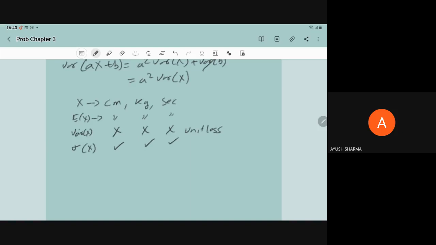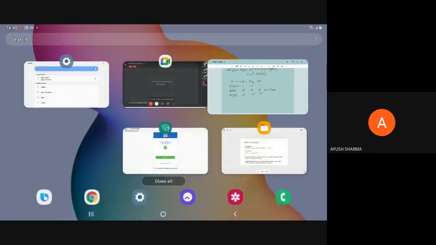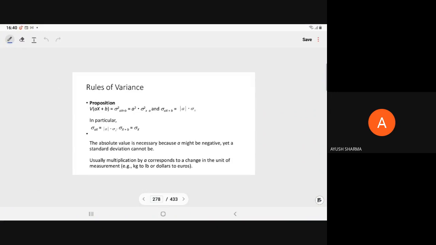Whatever the unit of x, E of x and standard deviation both have the same unit, but variance is unitless, because there we are squaring the difference. Here we will not write centimeter square or kg square or second square, right? So please take care, in many competitive exams you can face this thing.